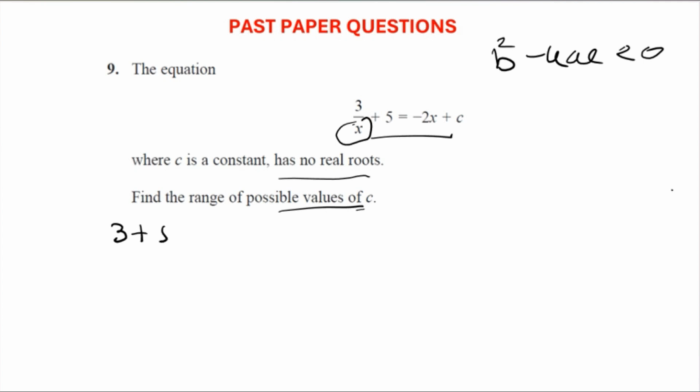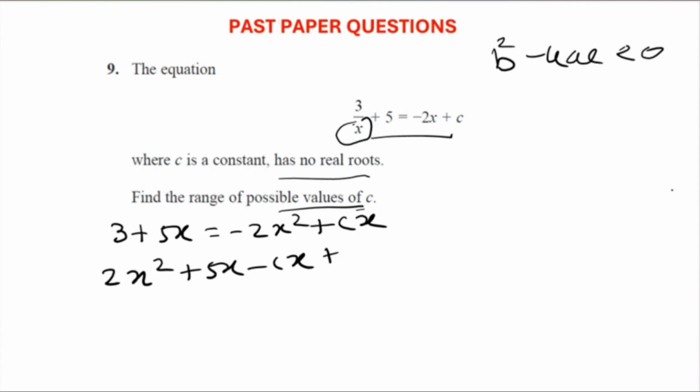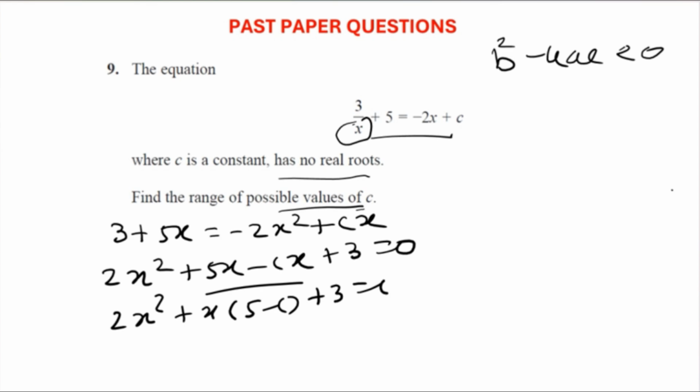So 3 plus 5x is equal to minus 2x squared plus cx. Move everything to the left hand side. So 2x squared plus 5x minus cx plus 3 equal to 0. Take x common, so 2x squared plus x into (5 minus c) plus 3 equal to 0.